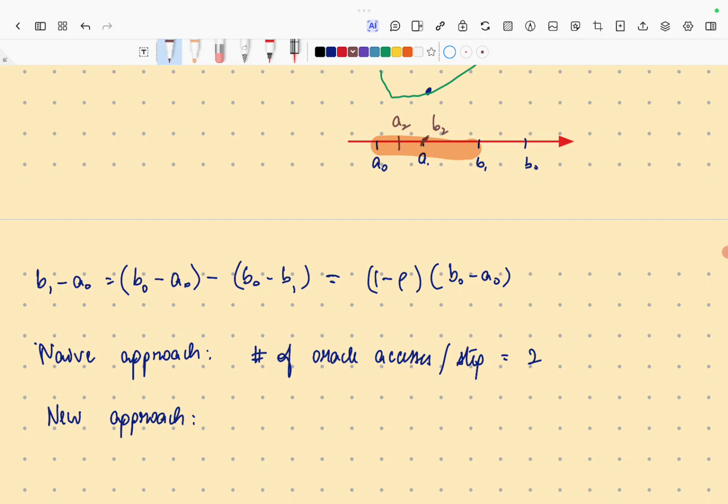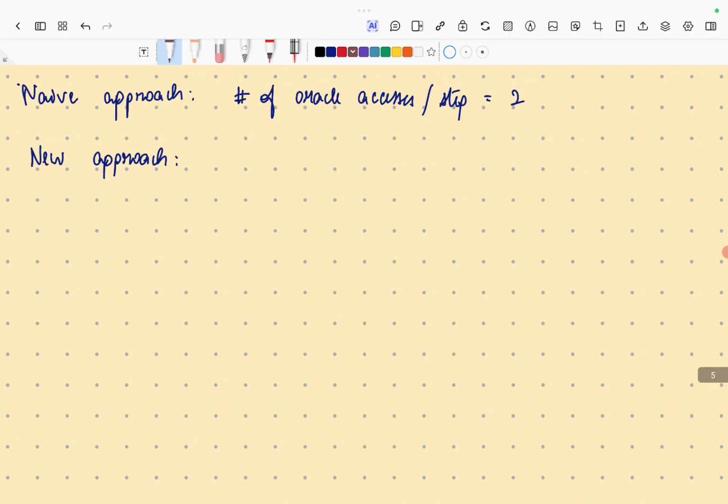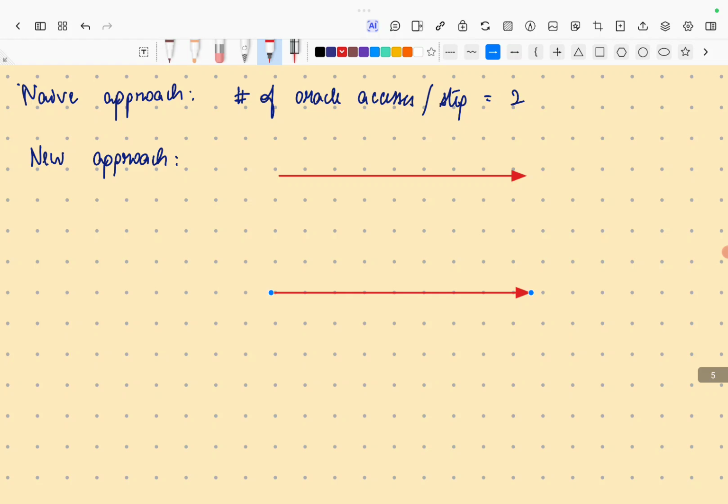Does that make sense? Let me explain it visually. There are two conditions. I had my A0, B0, and I have my A1, B1.